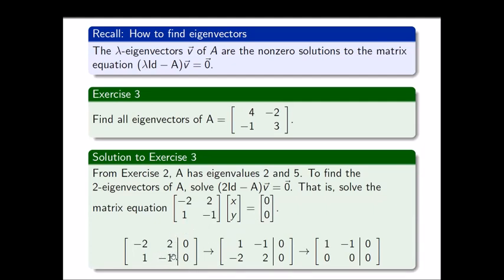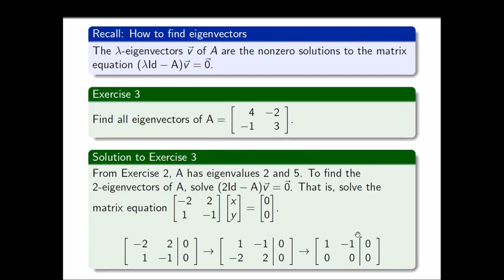Now, the first thing we do is we switch row 1 and row 2, and then we multiply row 1 by 2 and add it to row 2, and we get a matrix in row echelon form, and we can clearly see that the second row has no leading ones.